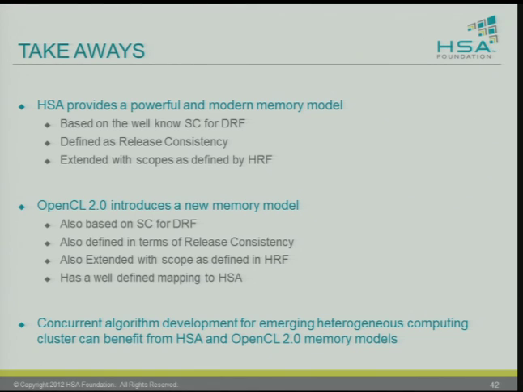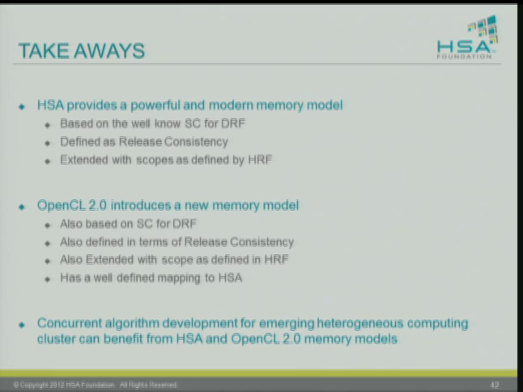OpenCL 2 introduces a new memory model. I showed that it maps really well to HSA, and we believe it's a good choice for both OpenCL and HSA. And I think we will see it start to enable a set of concurrent algorithms for emerging heterogeneous computing. We believe that this could really open up what's possible. And that's it. I'm ready to take questions.